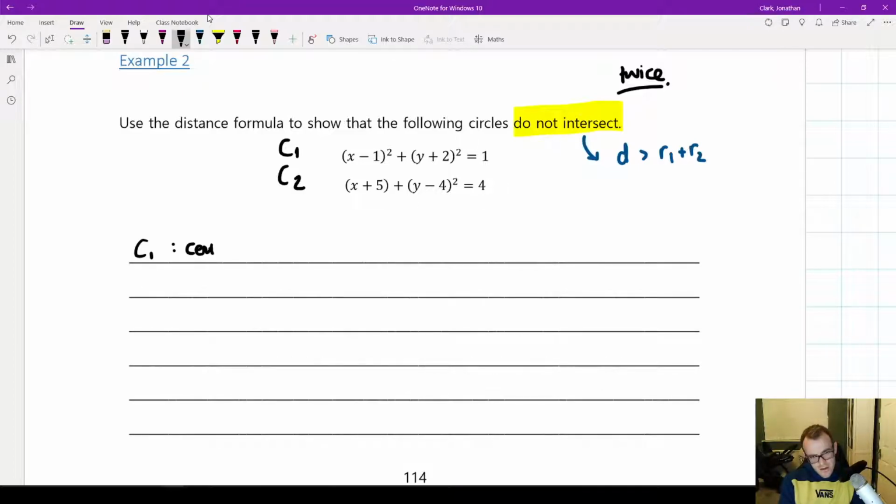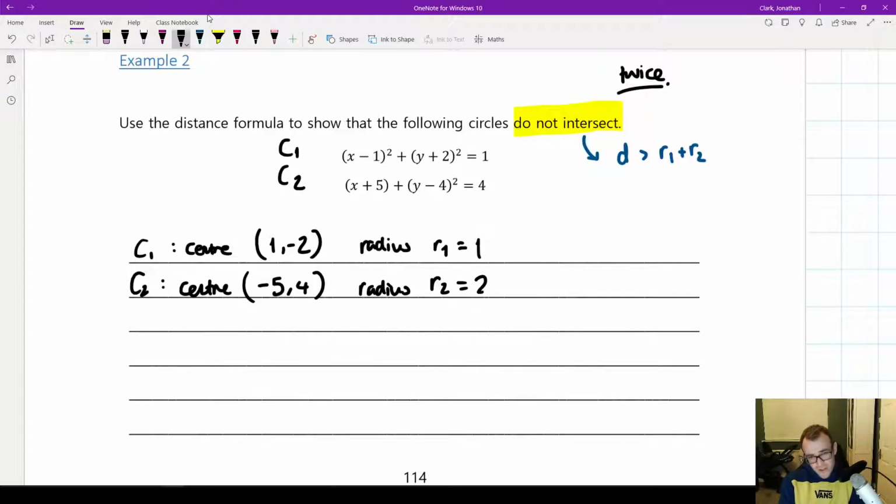The center of this circle is at 1, -2. And the radius is root 1, which is just 1. The center of the circle C2 is -5, 4. And the radius is root 4, which is 2. The two radii together add up to 3.